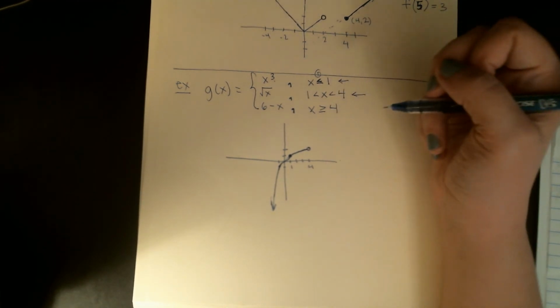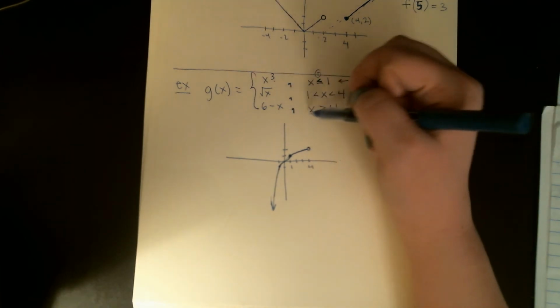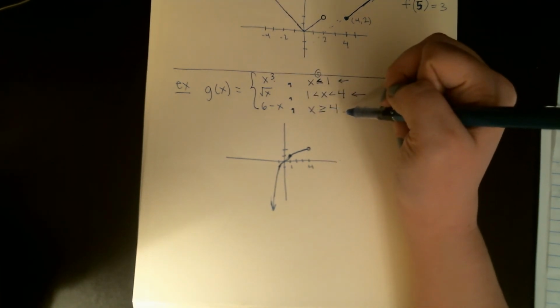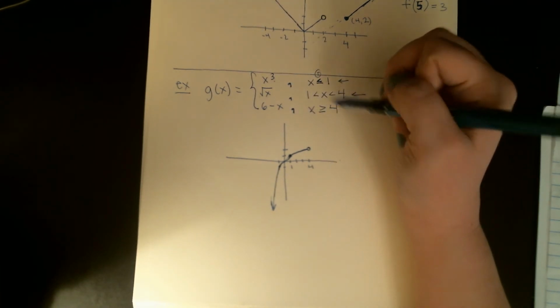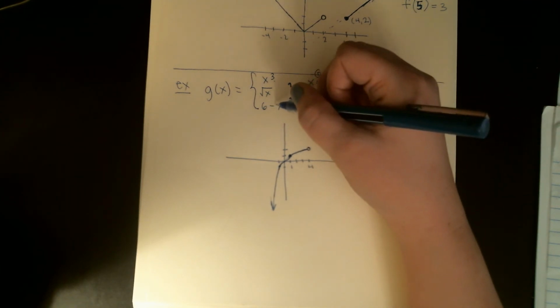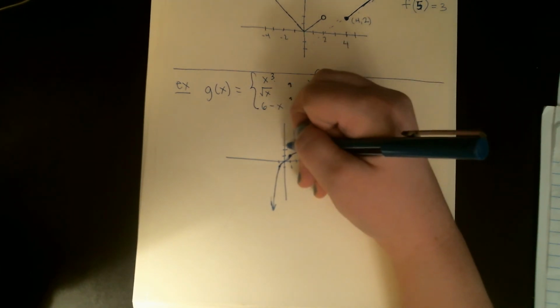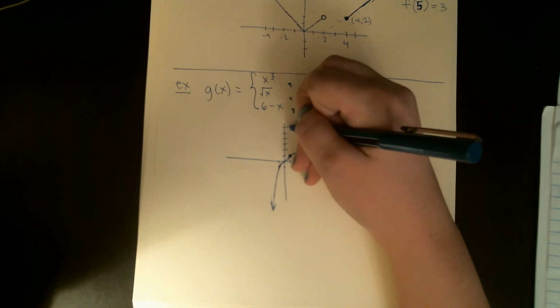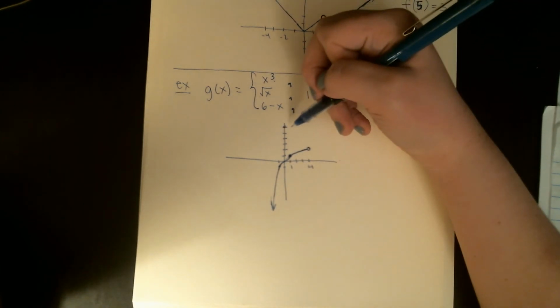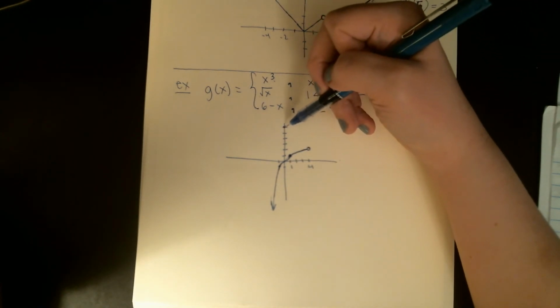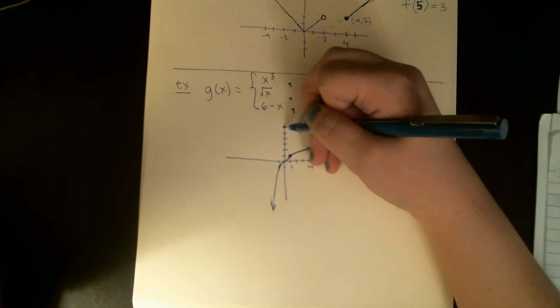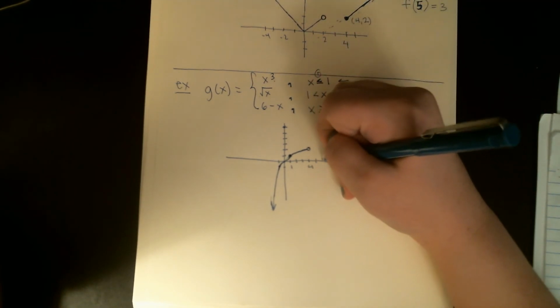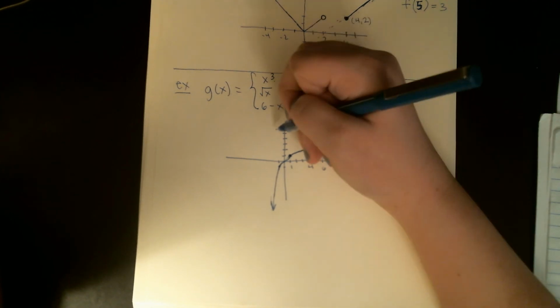Okay, the last piece of my function is y equals 6 minus x, and I want to see that only for x greater than or equal to 4. So this is a line with a slope of -1 and a y-intercept of 6. So if my slope is -1, I'm going to hit the x-axis at 6 as well.